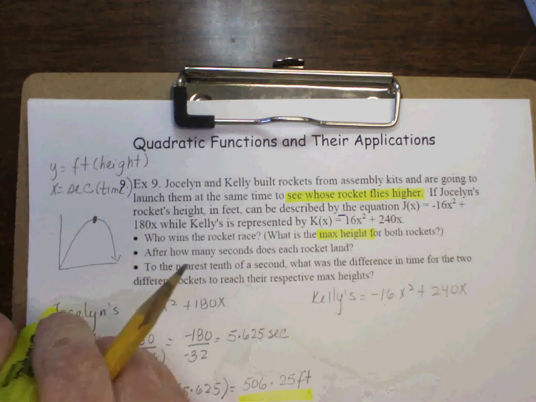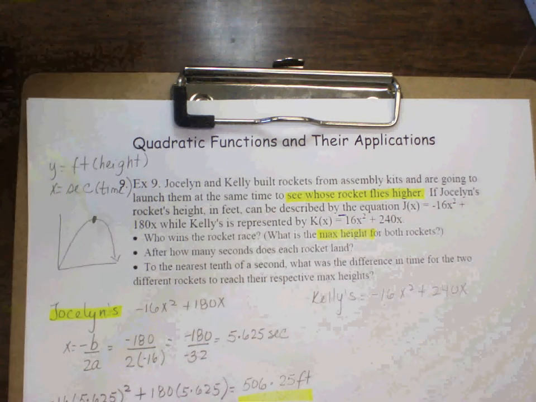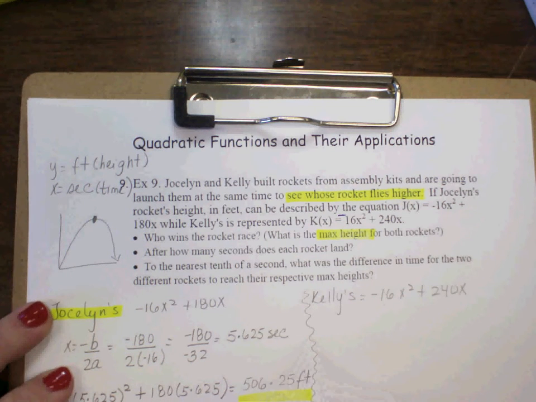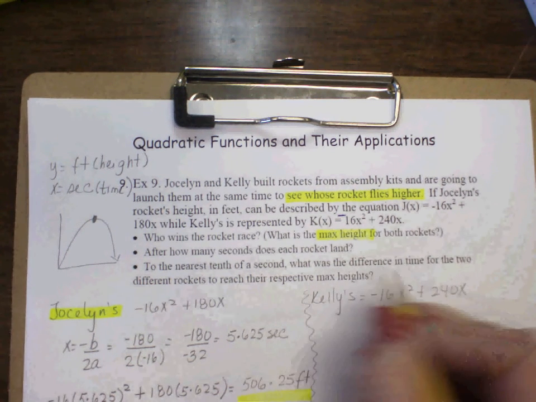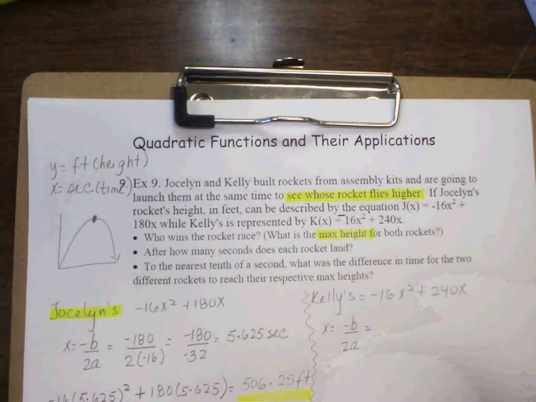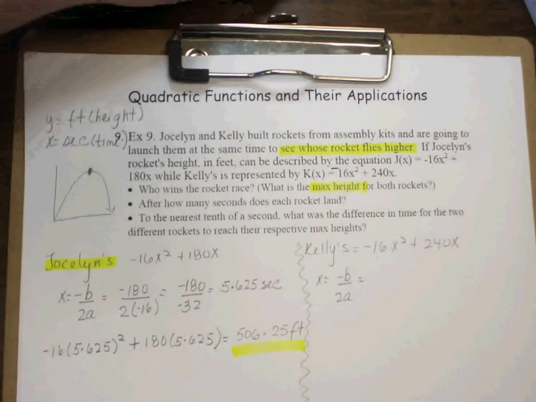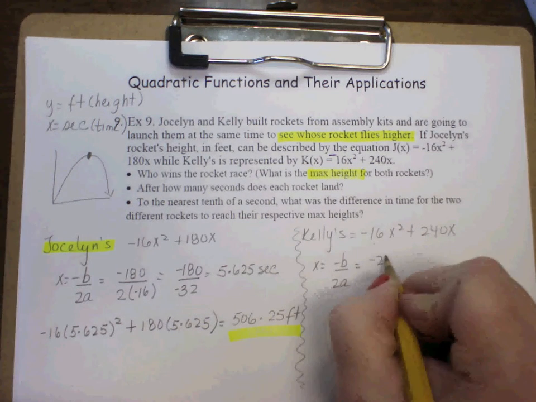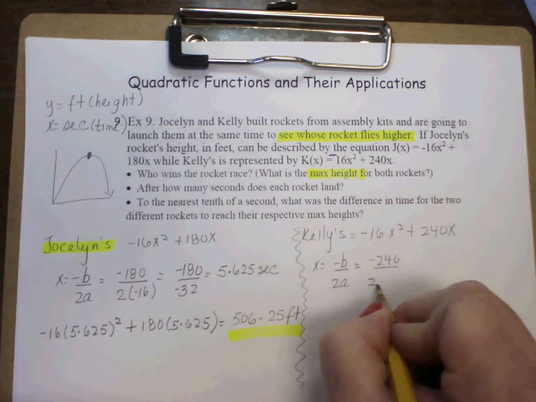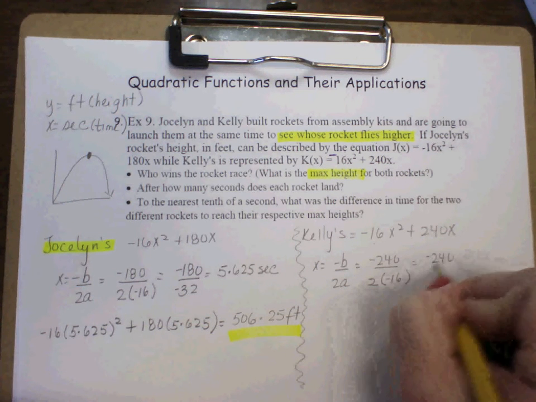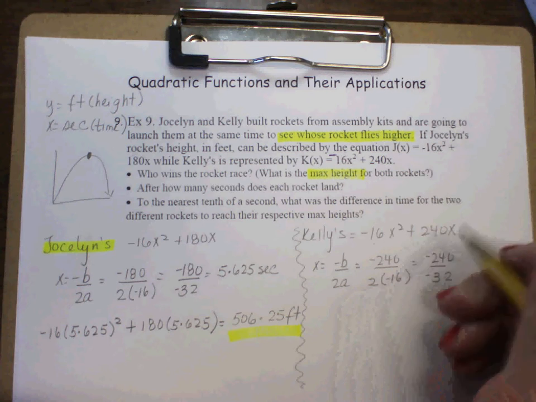All right, so let's do the same for Kelly's. Axis of symmetry to figure out the maximum time and then the maximum height. Negative 240 over 2 times negative 16. So that's negative 240 divided by negative 32, and that equals 7.5 seconds.